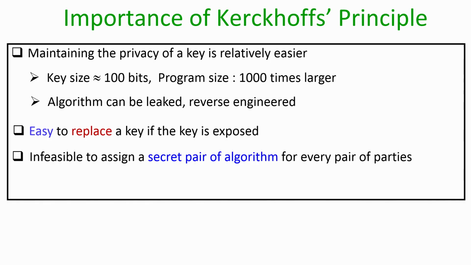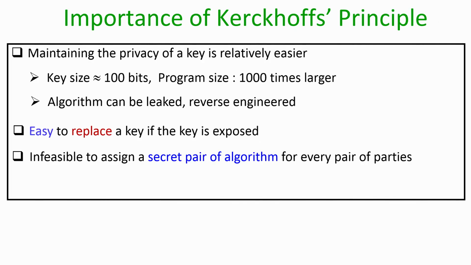Also, it is infeasible to imagine a scenario where a user selects a pair of secret encryption and decryption processes for every party with which they want to do secure communication. For example, if I want to do secure communication with 100 parties, I cannot come up with 100 secret encryption algorithms, one for each of these users. Whereas it is feasible to use the same encryption and decryption process with each of the 100 users, but use 100 different keys for operating each of these instances of the algorithm.